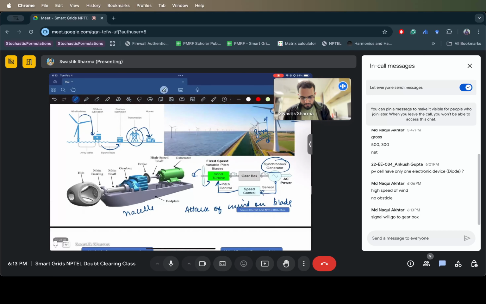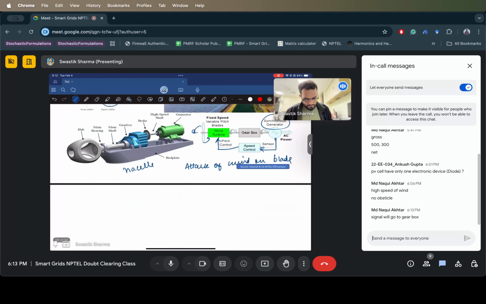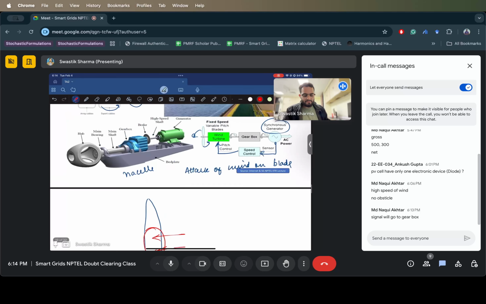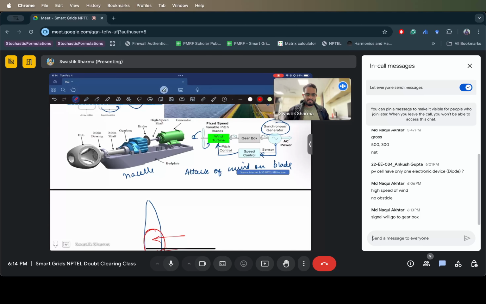Let me just show you what pitch is. Let's say this is how your turbine looks, right? And now wind is falling perpendicularly. The attack of the wind is very high, and it will rotate the blade because the wind is falling perpendicularly, right? So the speed has now increased. Now your generator has sensed that, it sends a control signal and asks to control the pitch.